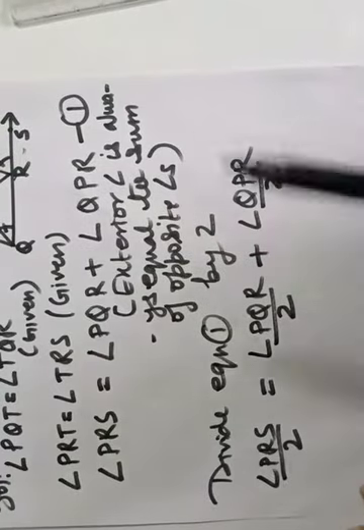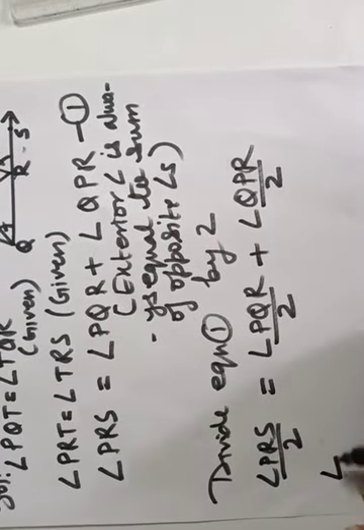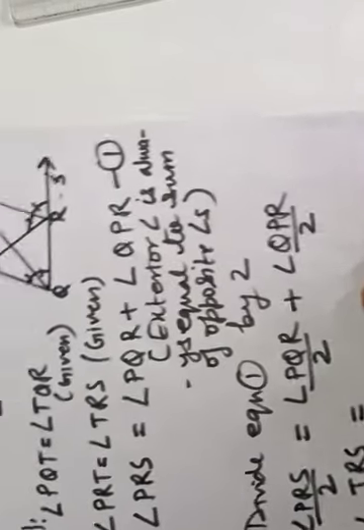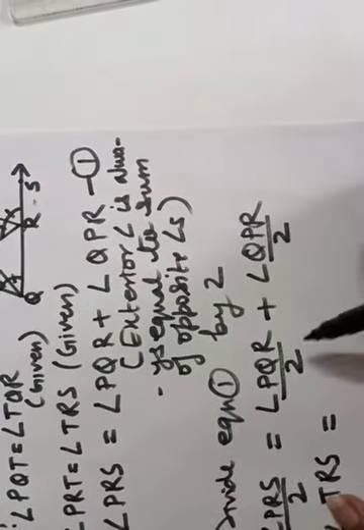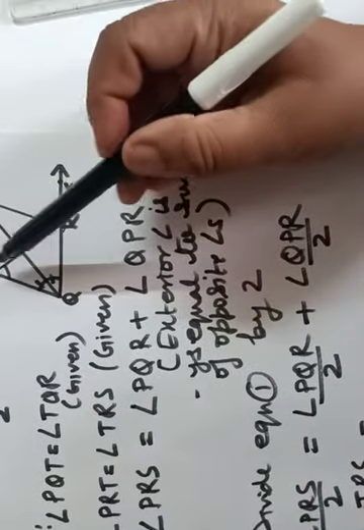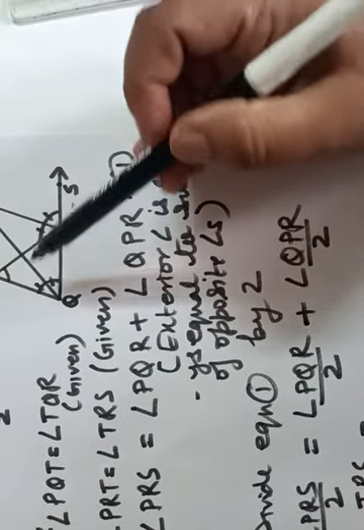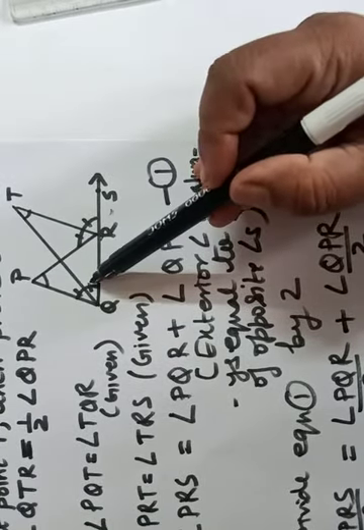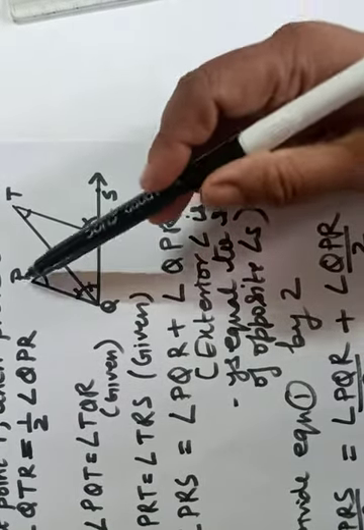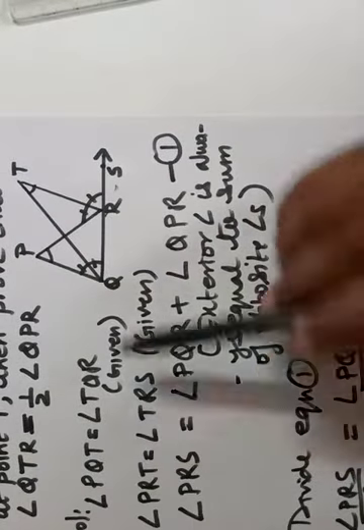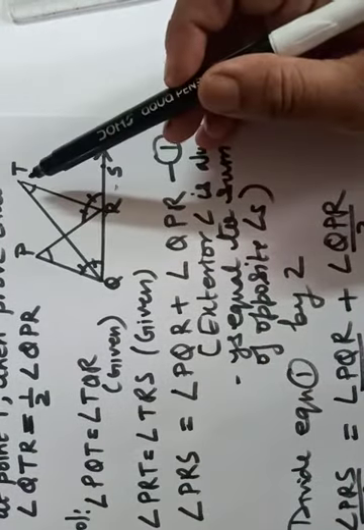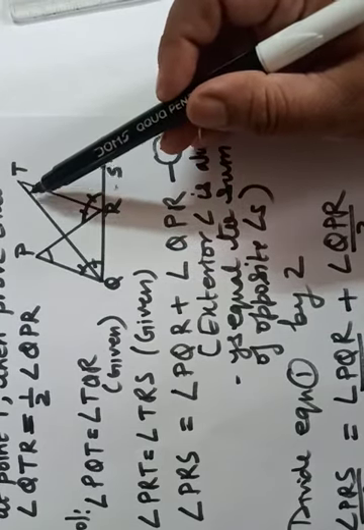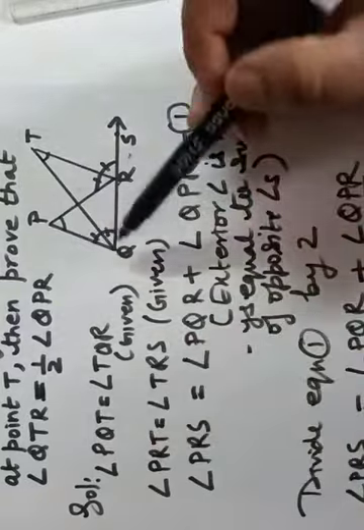So I am writing here angle TRS is equal to, now again, half of PQR. So we need this angle here, that is TQR, since PQT is equal to TQR, as QT is the bisector. But why do we need this angle? Because we want this angle in what we need to prove, angle QTR.